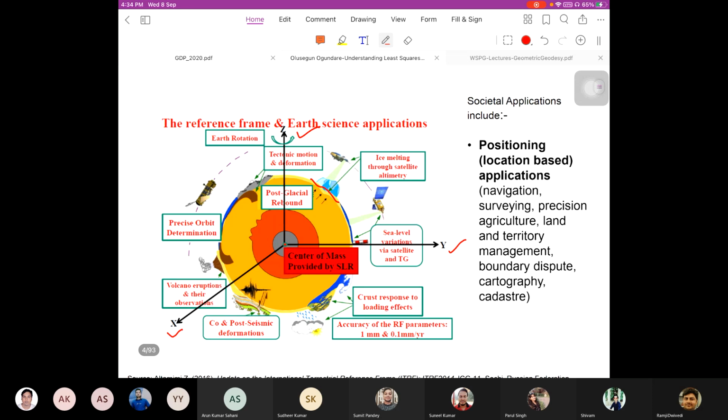To realize this geocentric coordinate system, we have to first think of a reference frame. The difference between a reference system and a reference frame is very simple. Your reference system is your defined one, how you want to define a coordinate system.